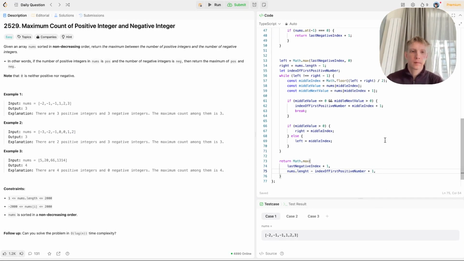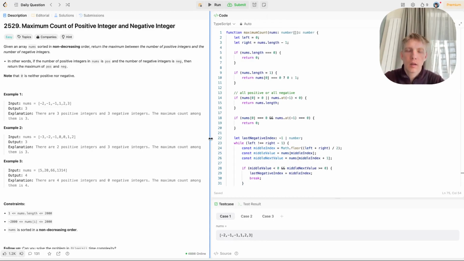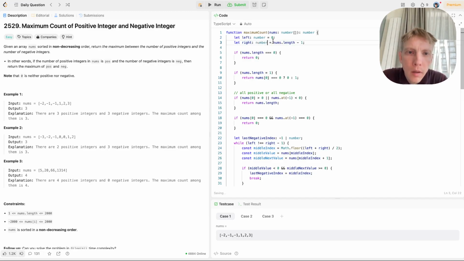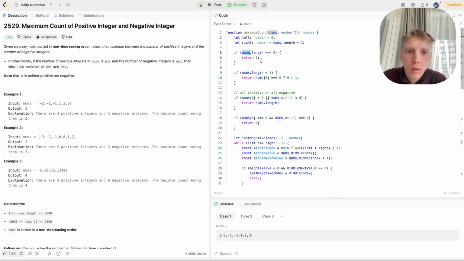Okay, it's time to check the whole solution. It is pretty big. I think we will be able to simplify it a little bit, but let's just make it work right now. If numbers length equals to 0, return 0. If numbers length equals to 1, then return 1.